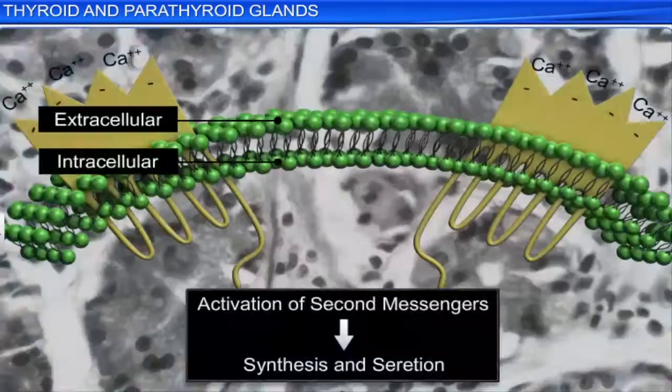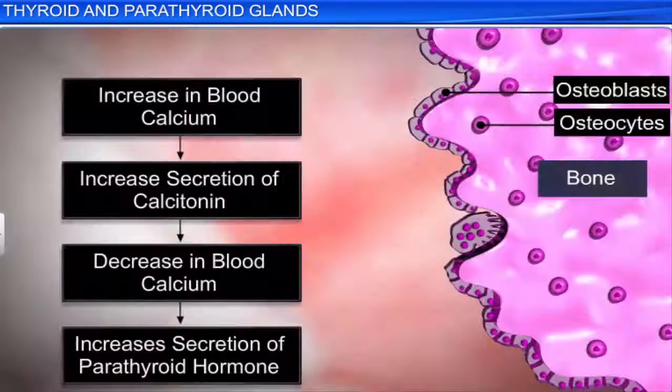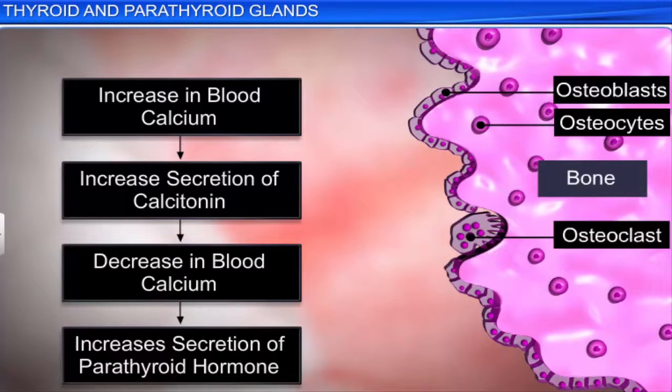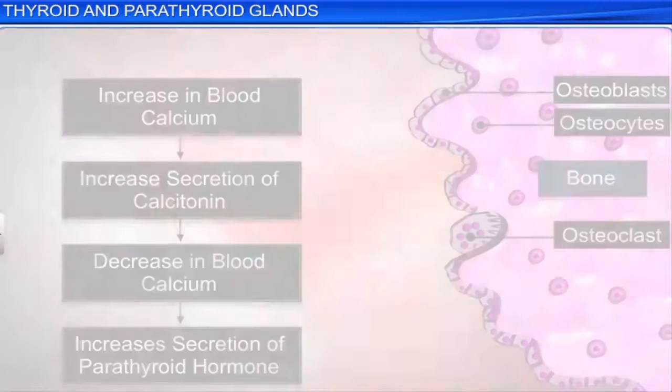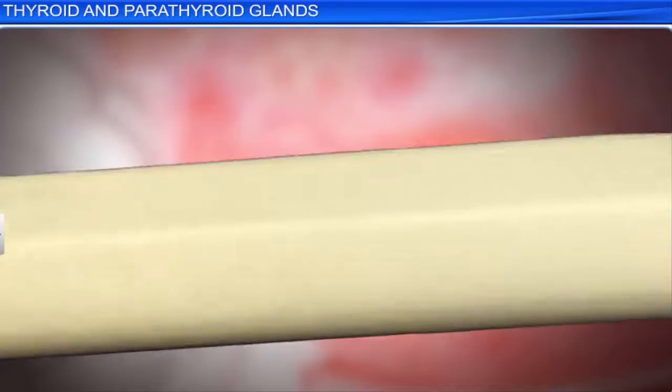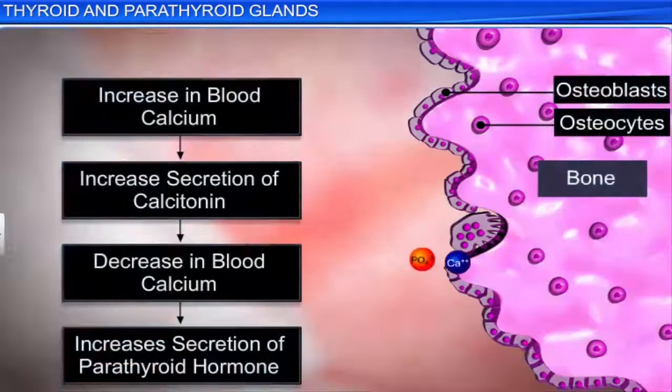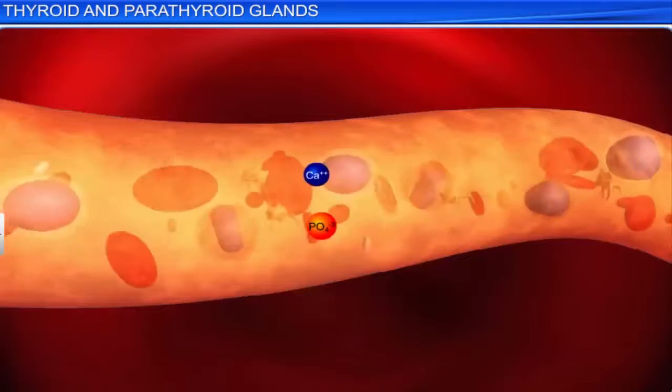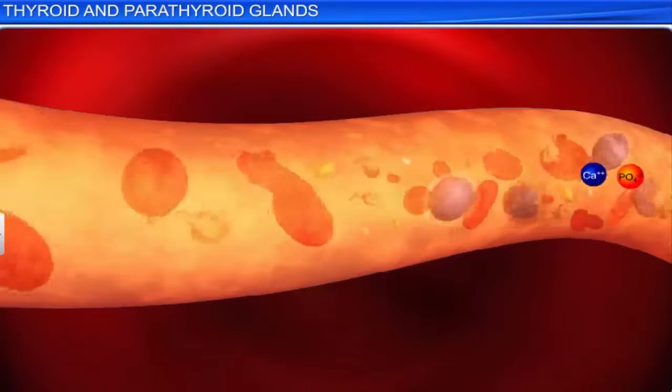The circulating levels of calcium ions regulate the secretion of parathyroid hormone. Parathyroid hormone increases the activity of osteoclasts. This results in elevated bone resorption, which releases ionic calcium and phosphates into the blood.